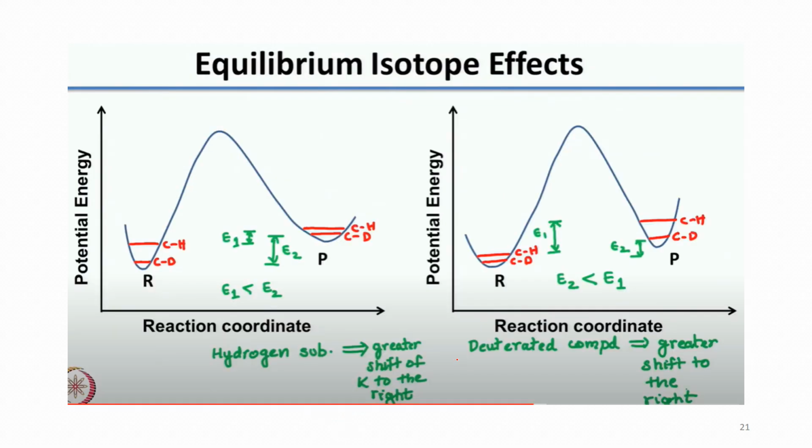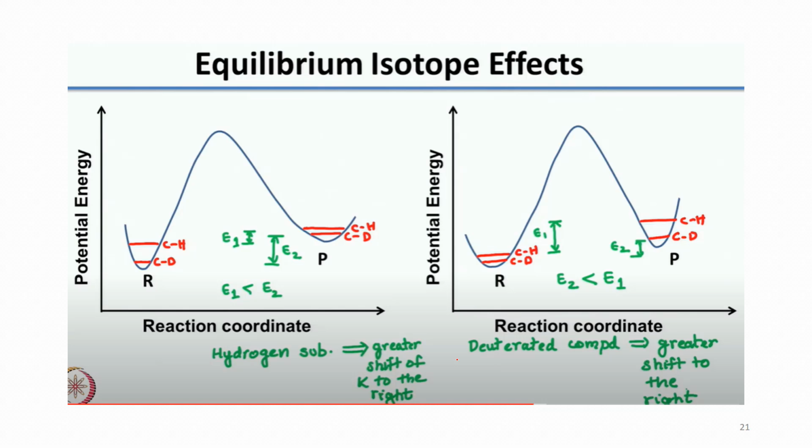Now let's see the scenario. Suppose a case where, in equilibrium, there is a mixture of substrate with a deuterated bond and a hydrogenated bond. Now they are in equilibrium, and a reaction is taking place.